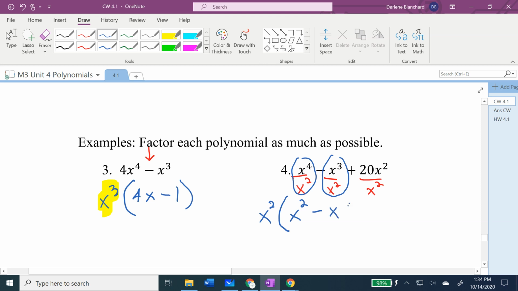X, plus 20x squared divided by x squared, 20. You got it. So I was able to factor out a term, set it aside, look in the parentheses at what is left over. Can that be factored?